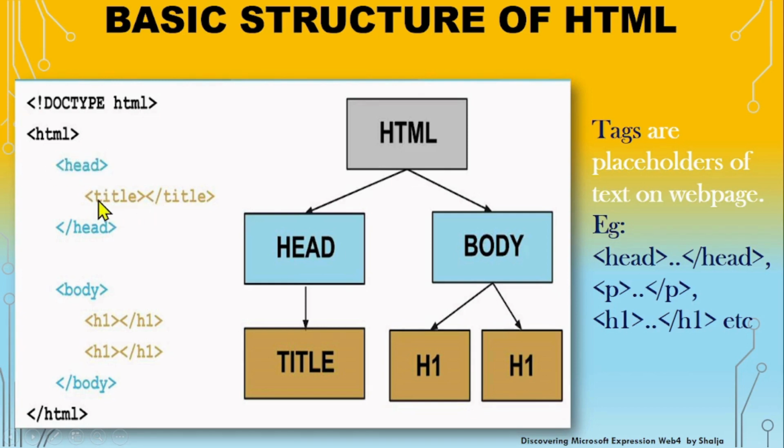The head tag holds the title of the web page. The title comes on the top like that, and the body holds all the content of your web page. Headings, paragraphs, pictures, videos, animations, hyperlinks.